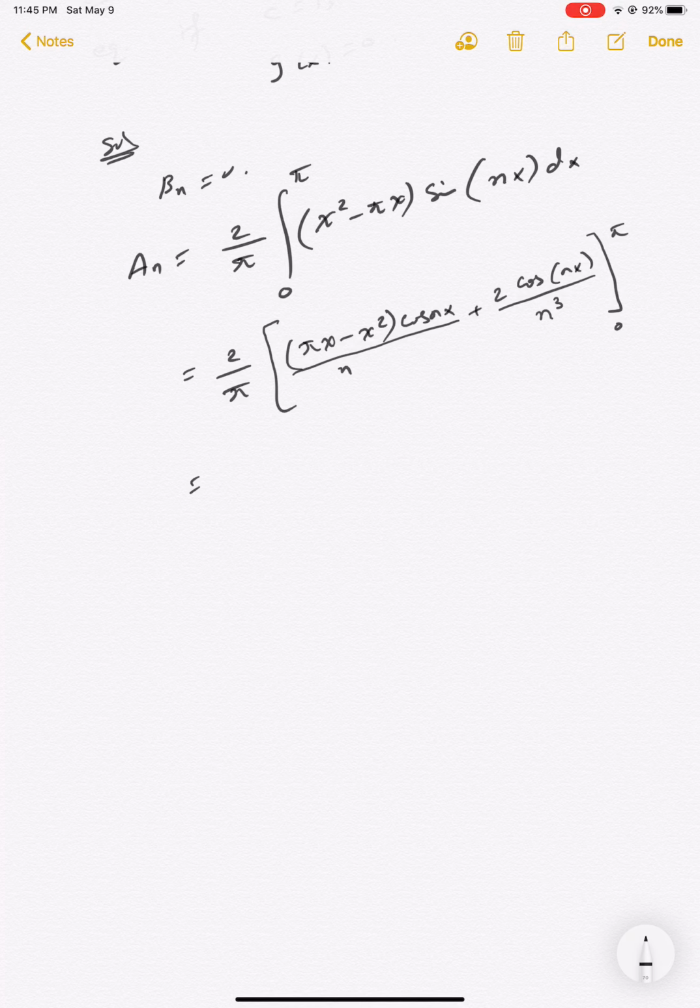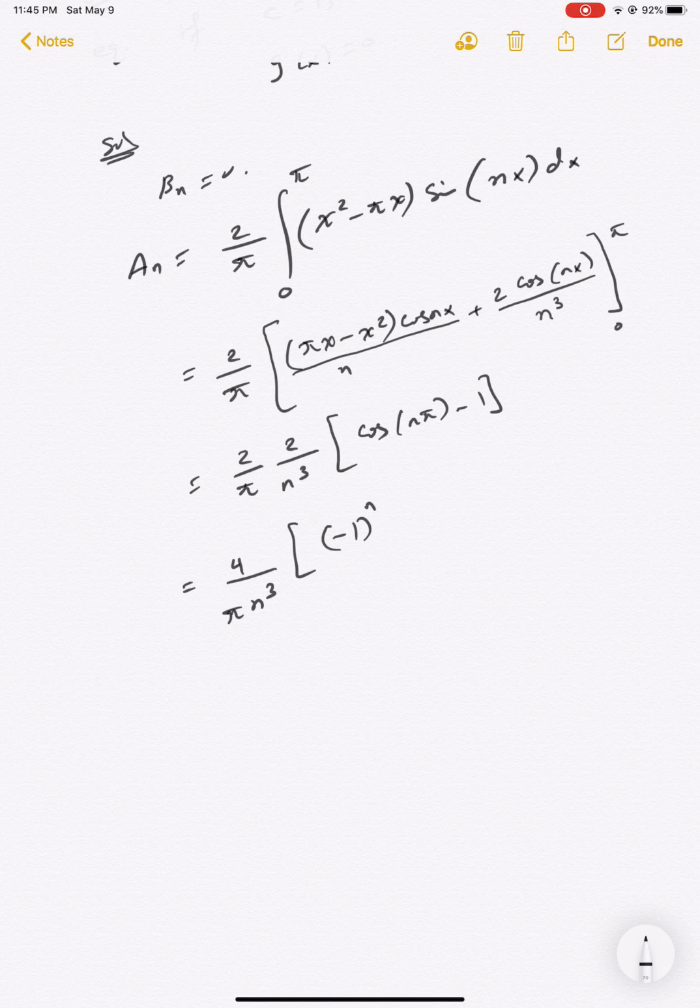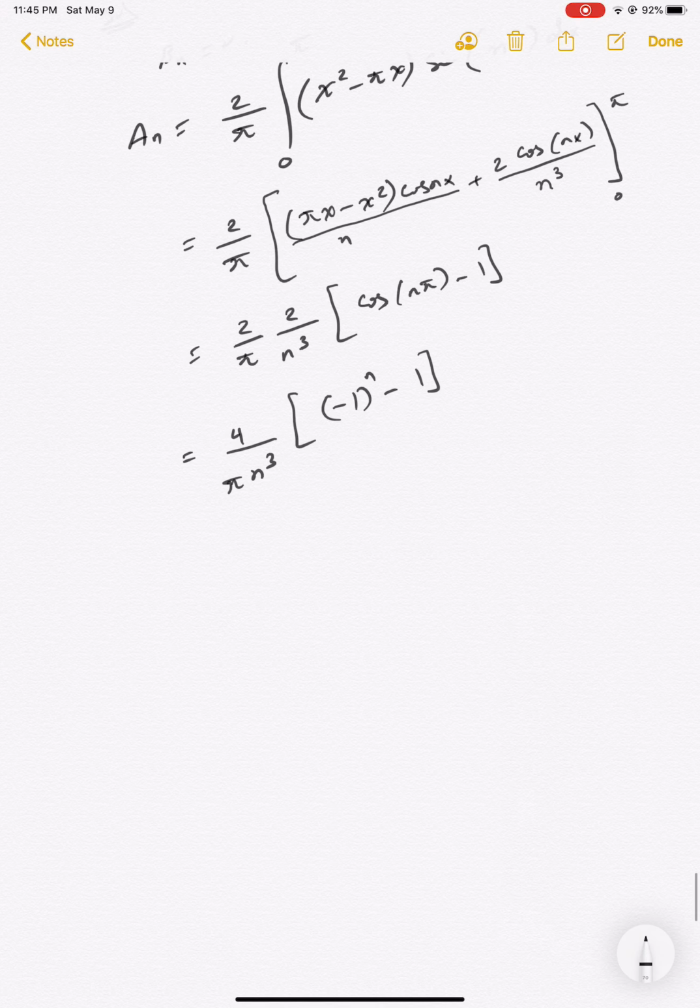When you substitute pi, you get 0. When you substitute 0, you get 0 in the first term. So basically the first term vanishes. What's left is only 2 over n cubed. You substitute cosine n pi minus cosine 0, so this is 4 over pi n cubed times negative 1 to the n minus 1, which we know.